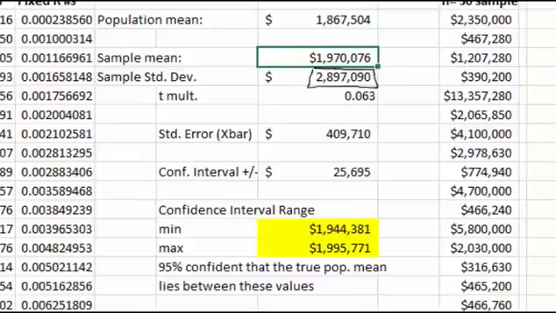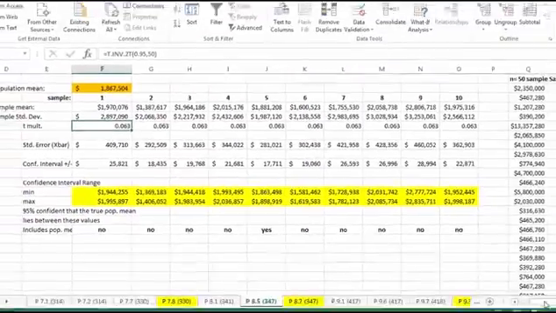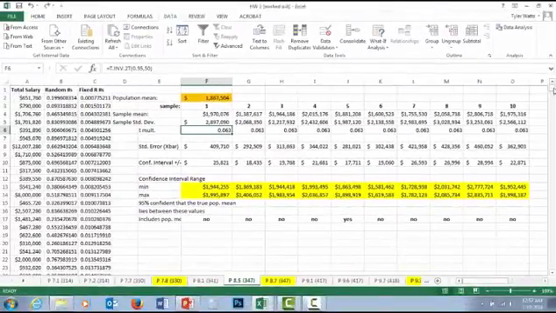The textbook asks, does the confidence interval contain the population mean? And actually no, it doesn't. Our population mean is a little bit below our confidence interval. Okay, folks, I am learning along with you.